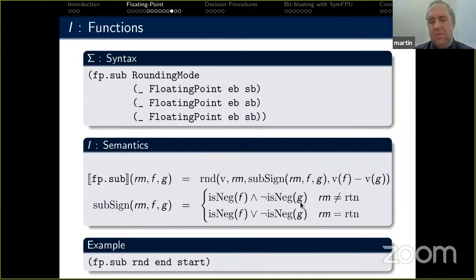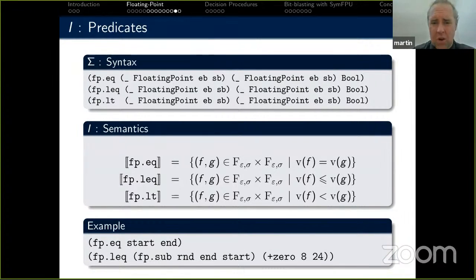And there's some detail about if you subtract 2 things and they cancel, what sign of 0 do you get? All of that is fixing the interpretation. So this is why we're doing SMT, fixing the interpretation. And what you practically write to the solver is this: fp.sub, whatever your rounding mode is, end and start. That's from our program.